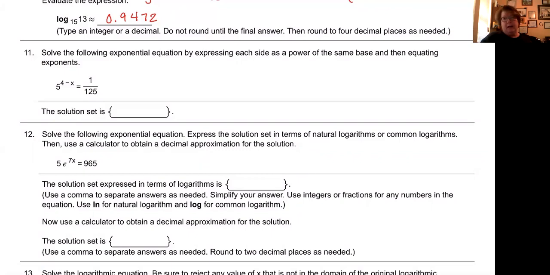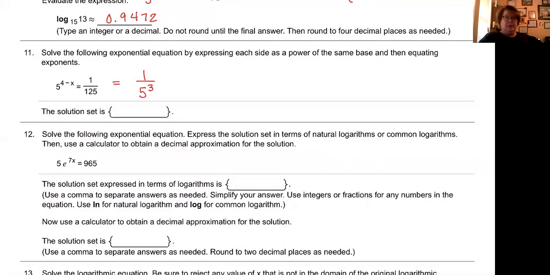On the left-hand side of this equation, I have a base of 5. So I want to write 1 over 125 with a base of 5. And I can do that. I can write 1 over 125 as 1 over 5 cubed. 5 times 5 times 5 is 125.